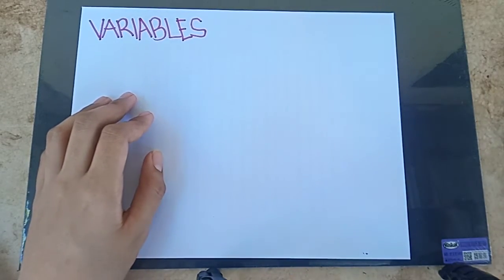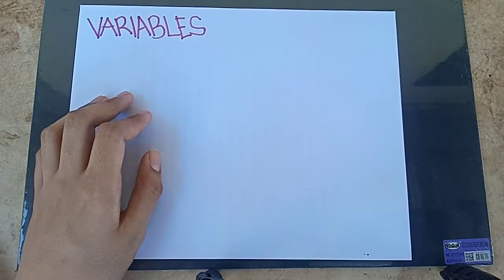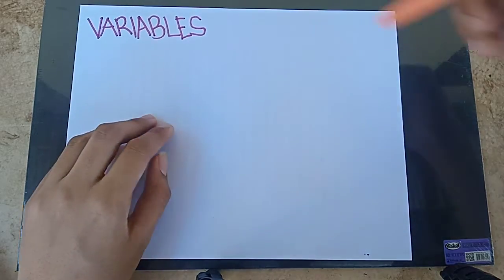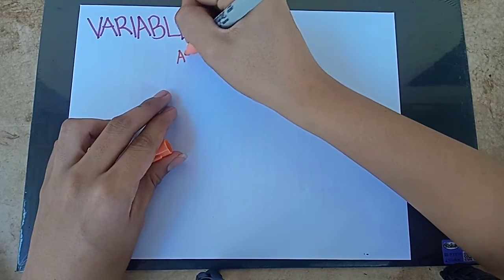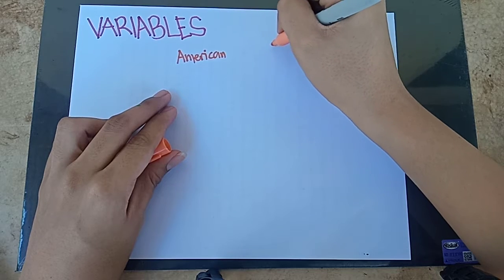So in order for us to discuss the concept of variables, first we must know the definition of variables. To know the definition, let us have this example. Let's say we have two nationalities: American and Filipino.